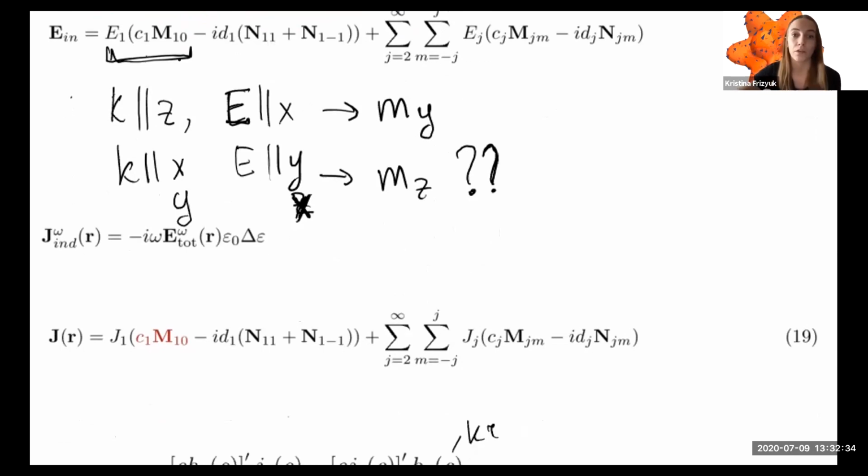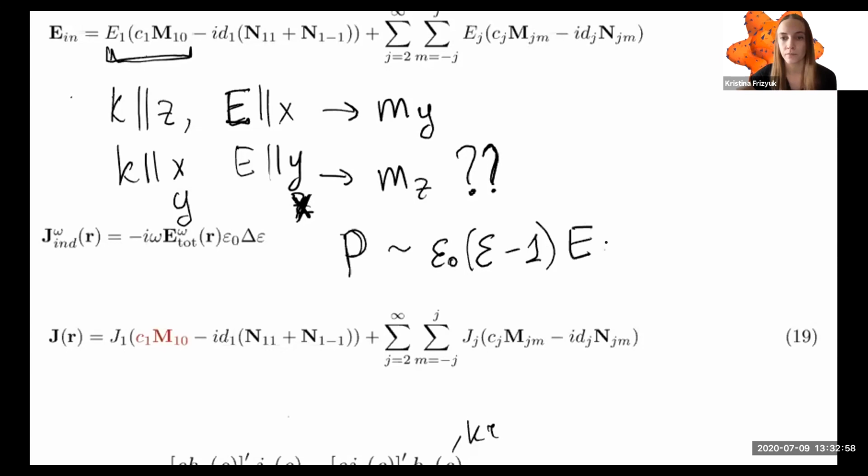And if we have a field inside the particle, we have polarization inside the particle, which can be written as epsilon, the polarizability, multiplied by the field, and this is just the polarizability.